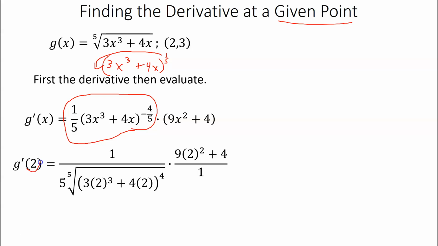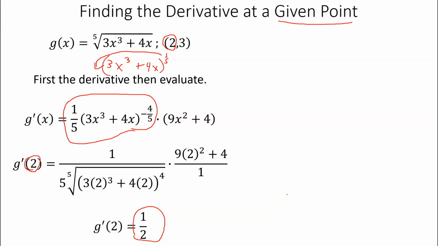The point is I'm going to put in my 2, the x value that I'm trying to find my rate of change at. I plug in my 2 here, here, and here. You may want to have just left it written like this, which is fine. You can do fractional exponents on your calculator. So I run that through and I end up with the rate of change at that point being 1/2.